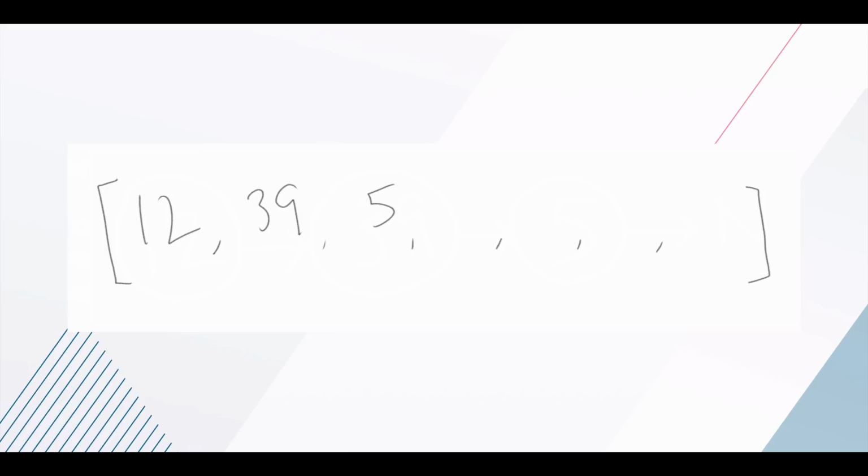Another important thing to note with this static array representation is that this array has space for 7 items. There's the first 3, 12, 39, and 5, and then we see an additional 4 spaces after the 5 for 4 more items if we chose to put them in there.